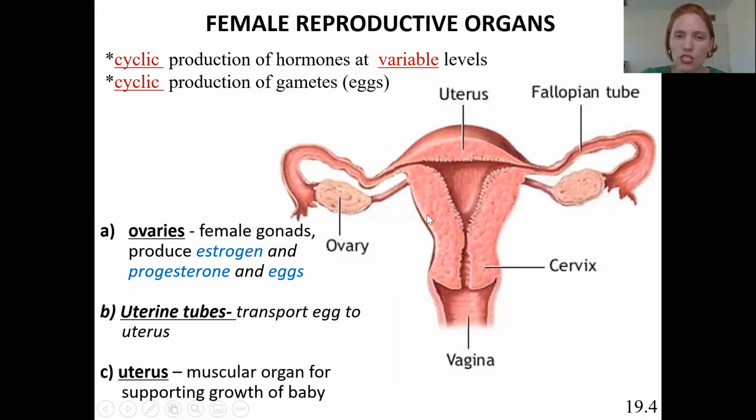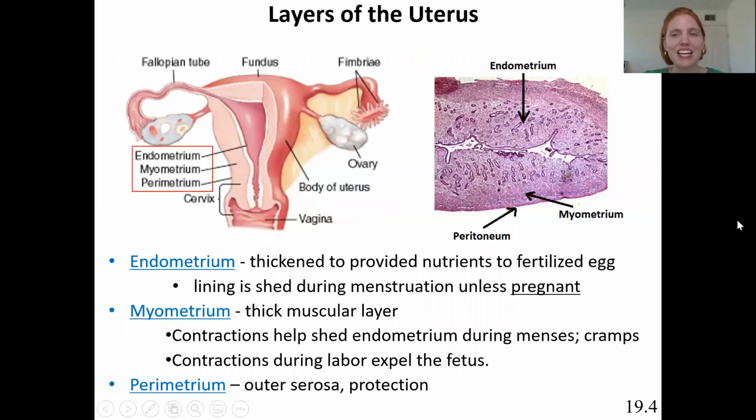Here is the uterus here. Once it's in the uterus, it's going to implant in the endometrium. So what we're looking at here is a cross-section through the uterus. The uterus wall has 3 layers. The innermost layer is the endometrium.